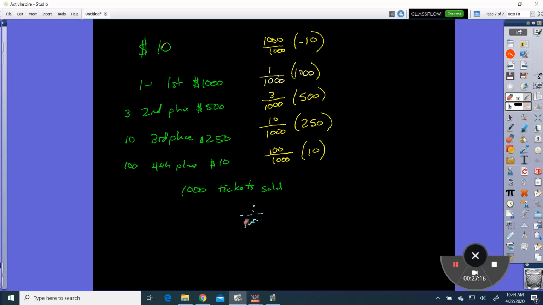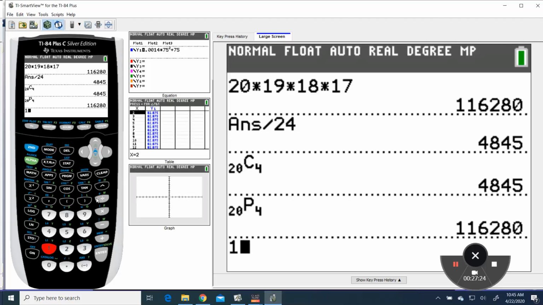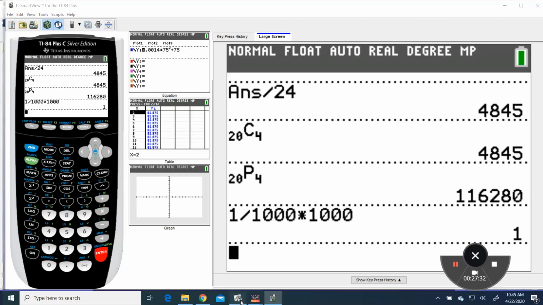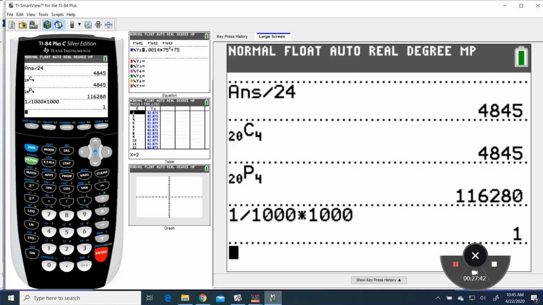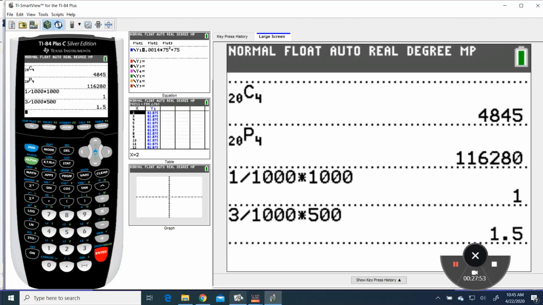Let's go to our calculator. 1 divided by 1,000 times 1,000 is going to be 1, right? 1,000 divided by 1,000 is 1 times negative 10 is negative 10. 3 divided by 1,000 times 500 is 1.5.